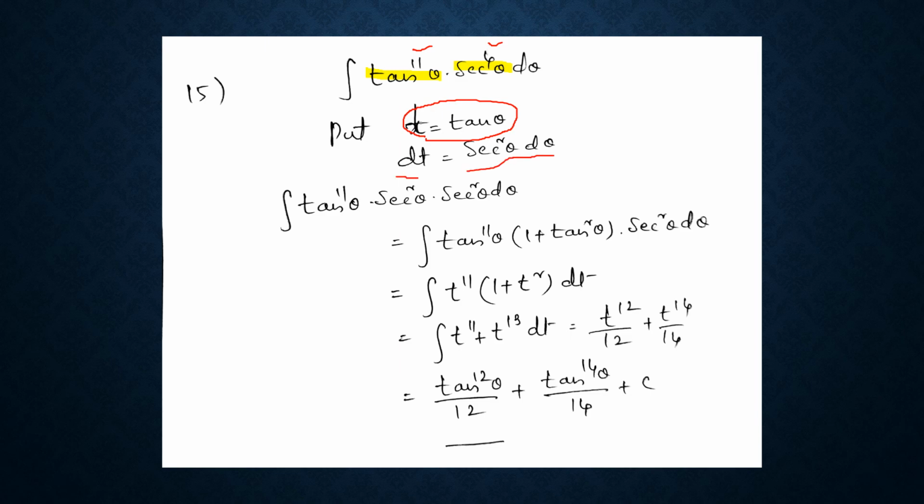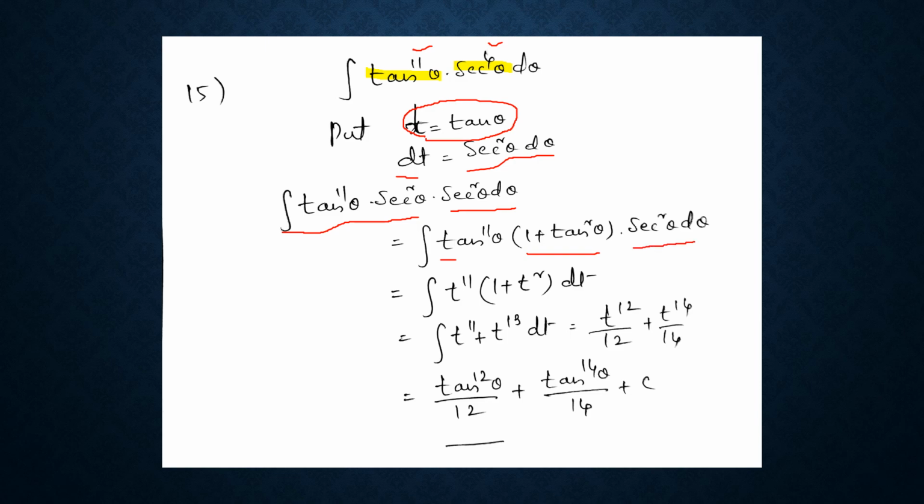So that becomes integral tan to the power of 11 theta into secant to the power of 4 theta can be written as secant square theta into secant square theta d theta. So that secant square theta d theta can be written as dt, and we can convert secant square theta in terms of tan square theta. So that becomes integral tan to the power of 11 theta into secant square theta can be written as 1 plus tan square theta into secant square theta d theta.